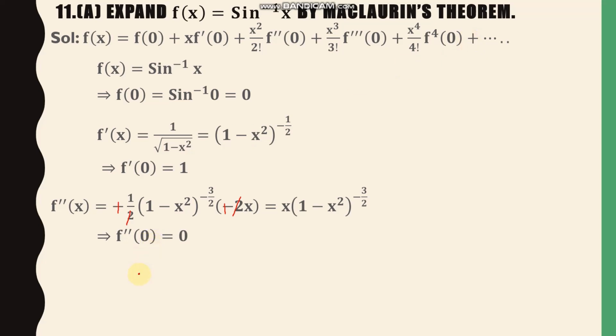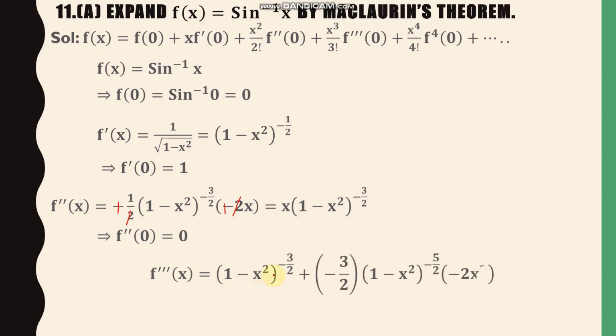Now find out the third derivative. So we can apply the product rule here, u into v. So 1 minus x square to the power minus 3 by 2 as it is into derivative of x. Derivative of x is 1, plus derivative of 1 minus x square to the power minus 3 by 2, which is minus 3 by 2, 1 minus x square to the power minus 5 by 2 into derivative of 1 minus x square.